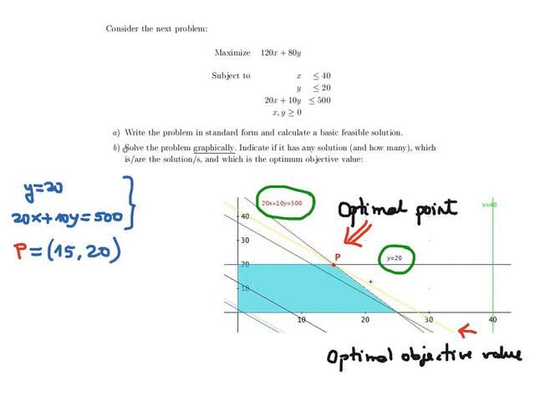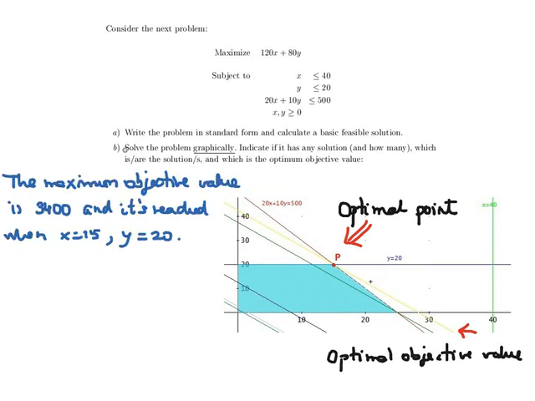Then we replace those values at the objective function and we have 120 times 15 plus 80 times 20, which is 3,400. Therefore, the maximum objective value is 3,400 and it's reached when x equals 15 and y equals 20.